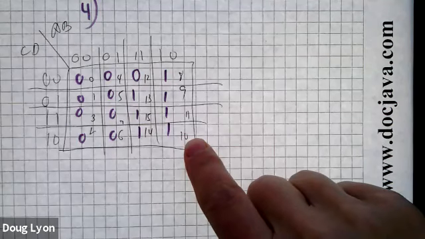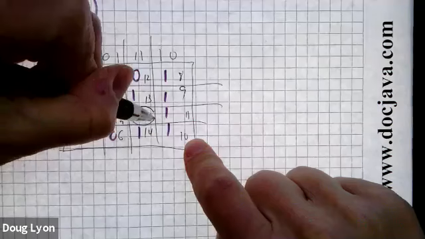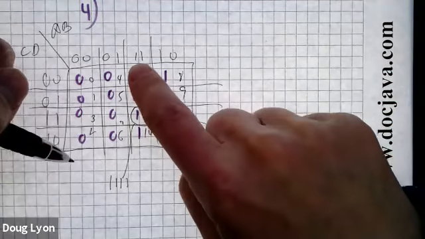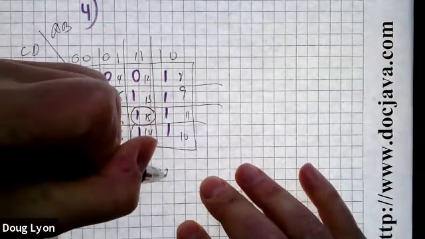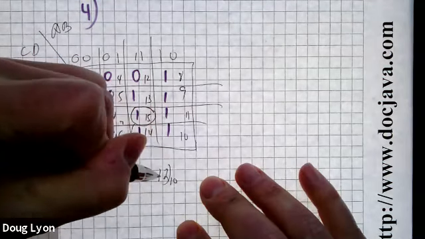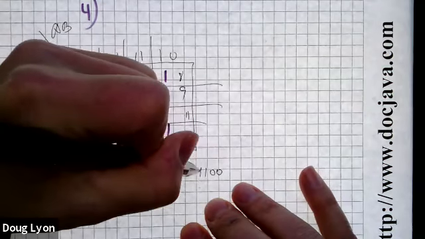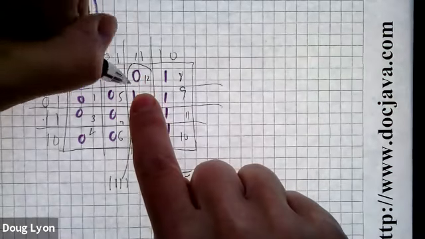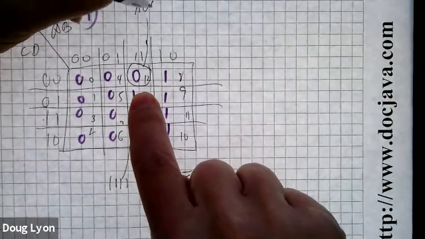So that's the binary. For example, if we said 15 corresponds to 1, 1, 1, 1, we could see 1, 1, 1, 1. If you wanted to write 12 in base 10, that would correspond to 1, 1, 0, 0 in base 2. And here's 12, and look at that, it's 1, 1, 0, 0.